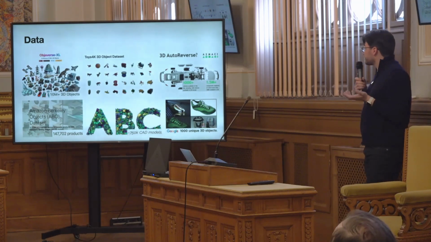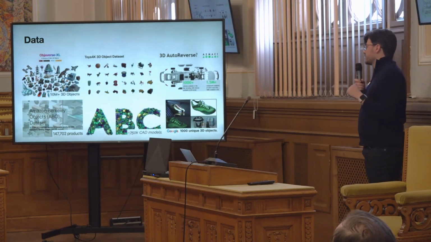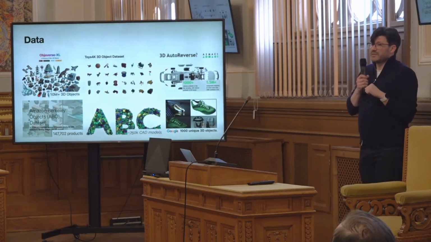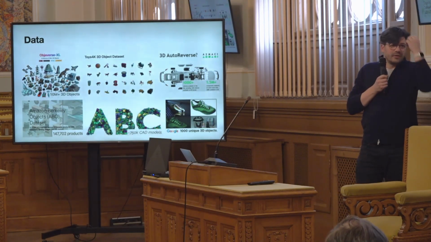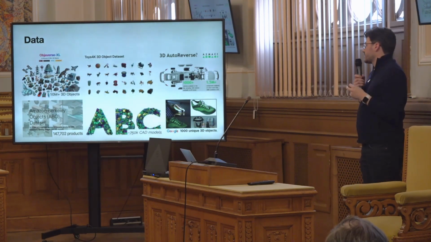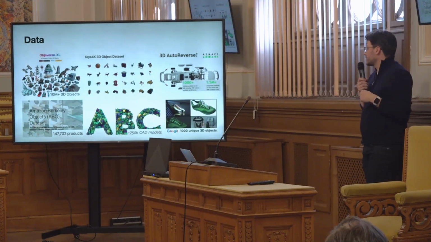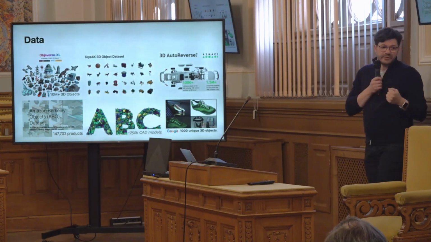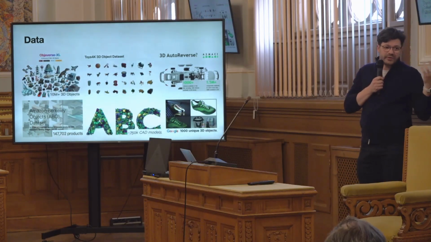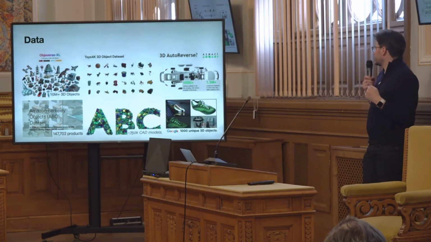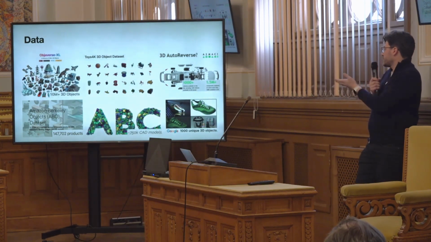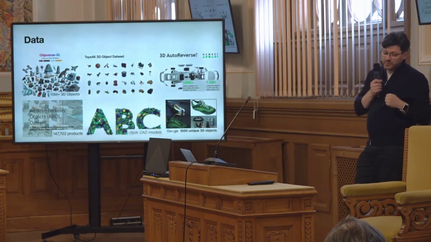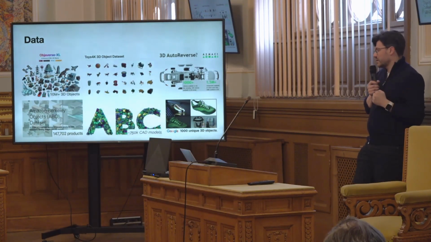There are some data sets like Objaverse, which has a bunch of 3D models, but these are mainly from video games. Then there's also the Amazon Berkeley Objects data set. There are toys. Some people have tried to reverse engineer cars, basically take cars, take them apart, and scan the components. And then we also have a bunch of CAD models, which are probably the most important ones.